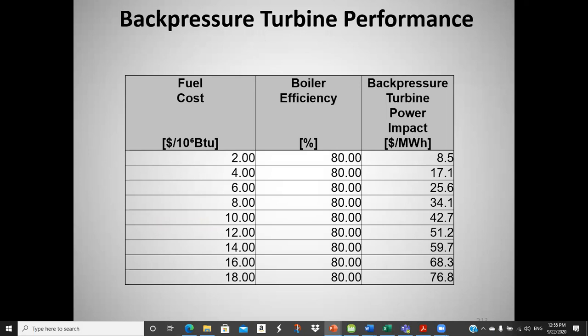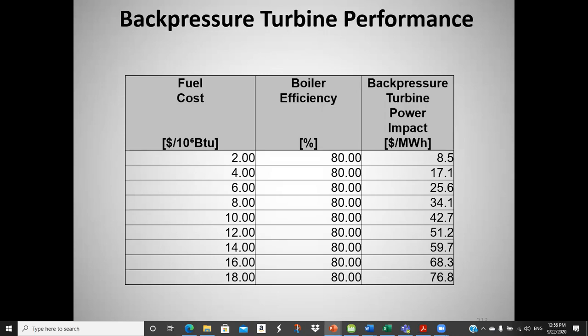Okay, so if you look at the boiler efficiency, we're assuming 80%, and the cost per fuel, then you can look at the backpressure turbine power impact cost. So what does it cost you to generate electricity?